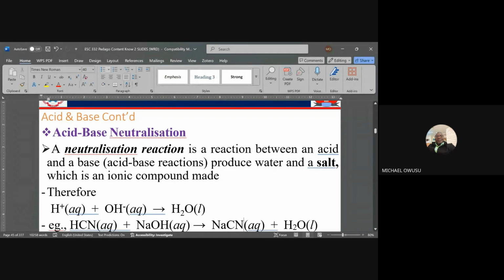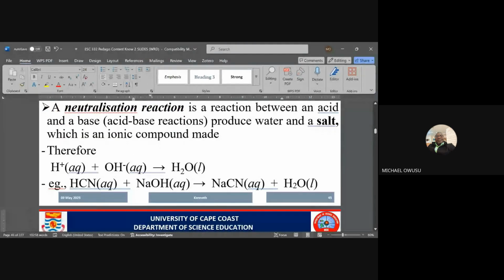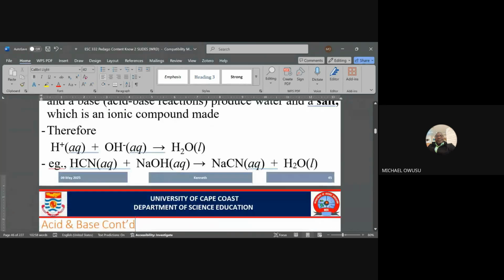And this salt is an ionic compound. So, for instance, you may have hydrogen cyanide plus sodium hydroxide to produce sodium cyanide, with the salt and the water.